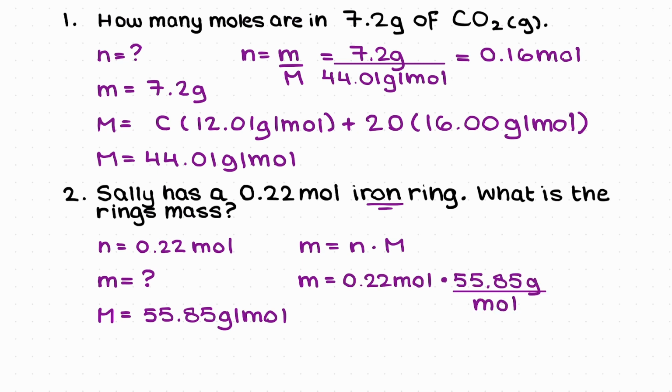A good way to check if you're doing your problem right is to see if your units cancel out. Here, moles form a diagonal, and so they cancel out, and the only thing that we are left with is grams. And we see that mass is equal to 12.3 grams here. So we have a 12.3 gram iron ring.